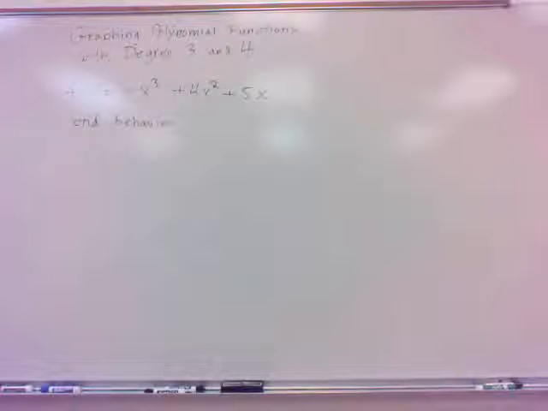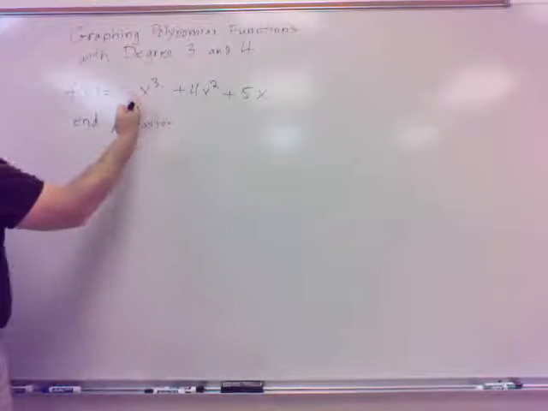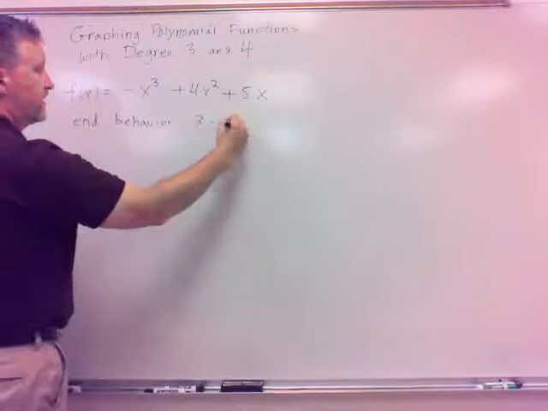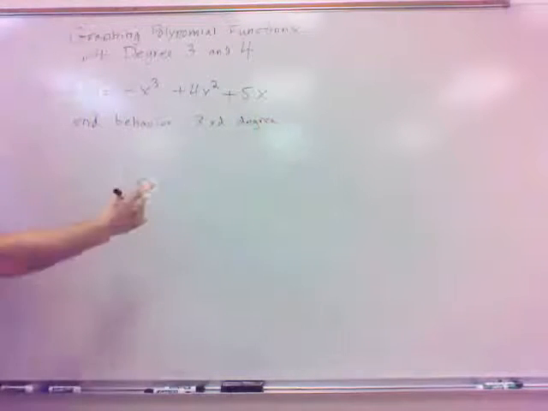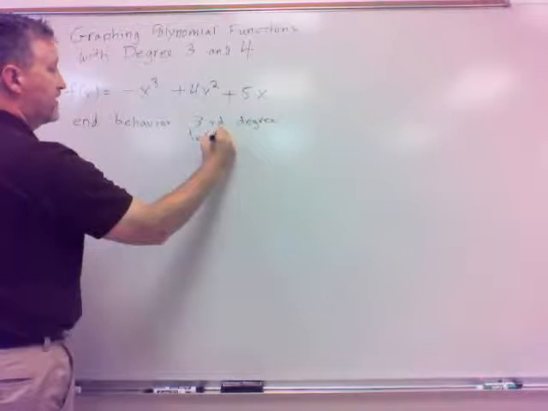And what do you know about that? Third degree, well, the ends, they alternate, right? One is up and one is down. And in this case, which way? Left will be up and the right will be down. Why?